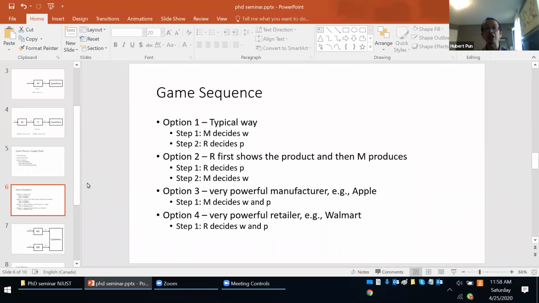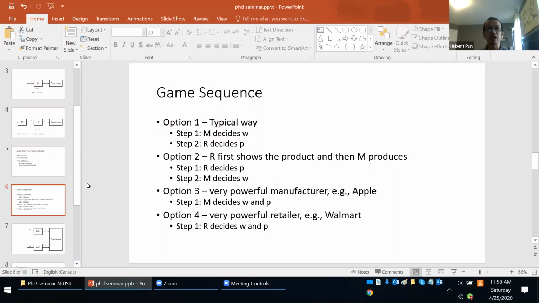And if the story you want to tell is a very powerful retailer, such as Walmart, then you should use option 4 as the game sequence. So there's no one correct answer. It depends on the story that you want to tell.